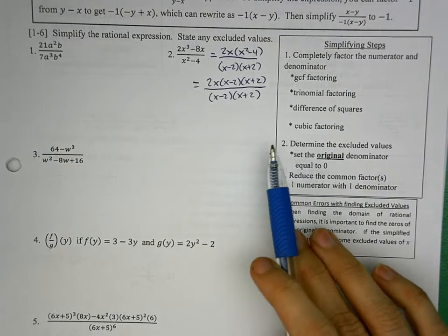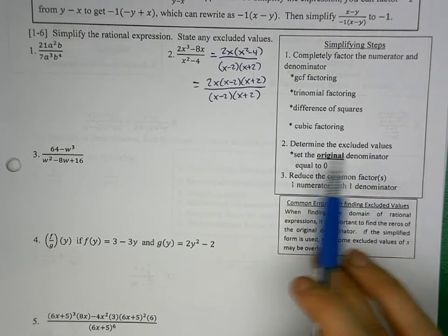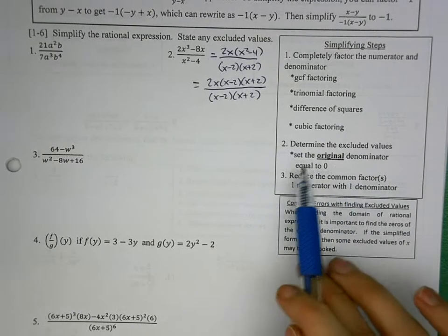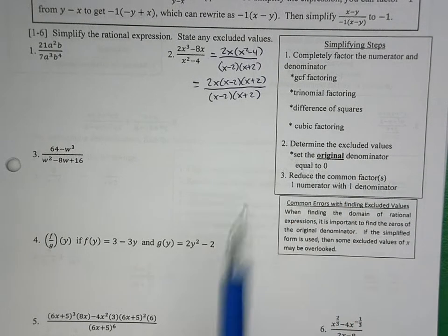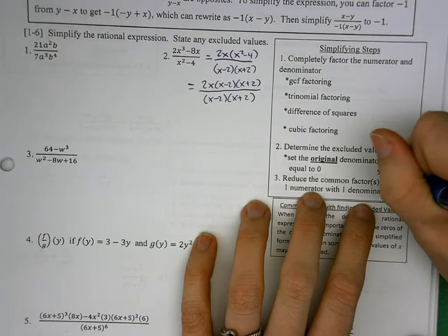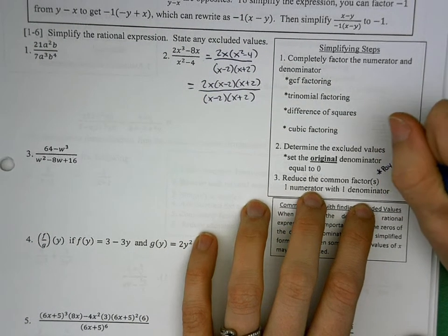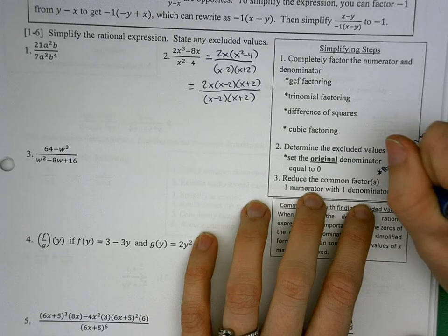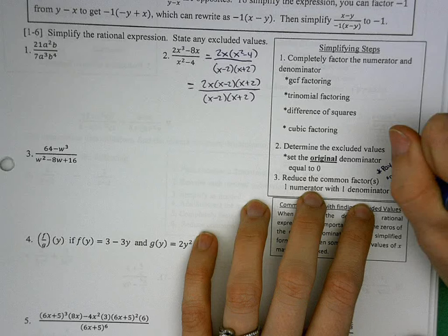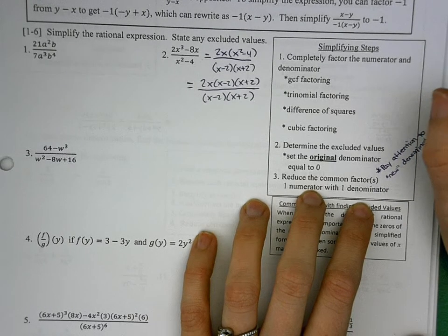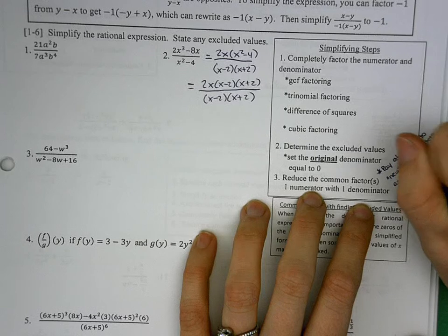Step 2, you are then going to identify any of your excluded values. Excluded values are anything that would make the denominator equal 0, and you do want to consider your original denominator here. You also want to pay attention to any, we'll call them new denominators, as you go.